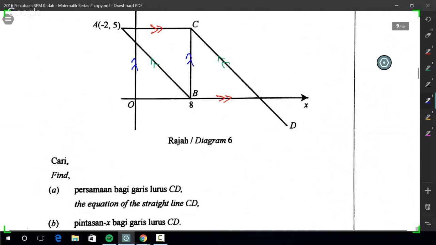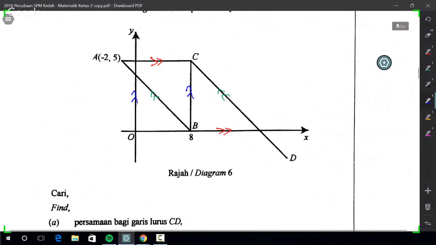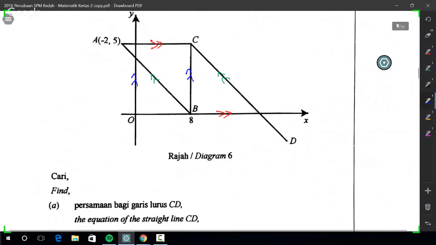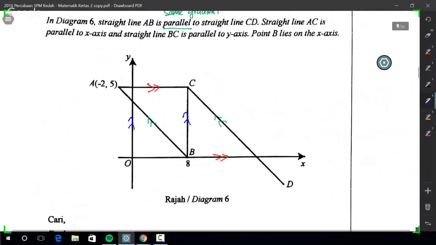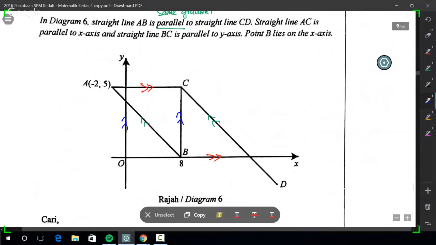All right, find the straight line CD. In order to get the equation of straight line CD, I have to find the m first. Since this is parallel, at least I know both of them should have the same y value. The y here should be 5 because this line is 5 here, isn't it?